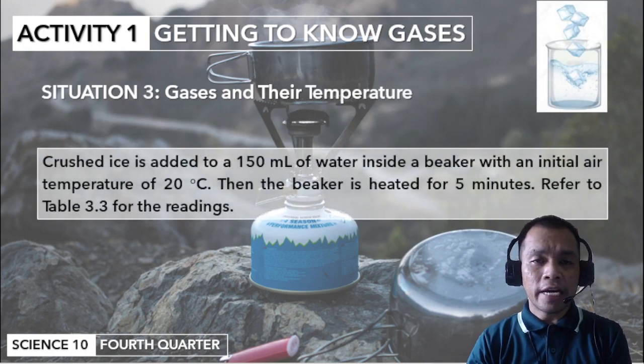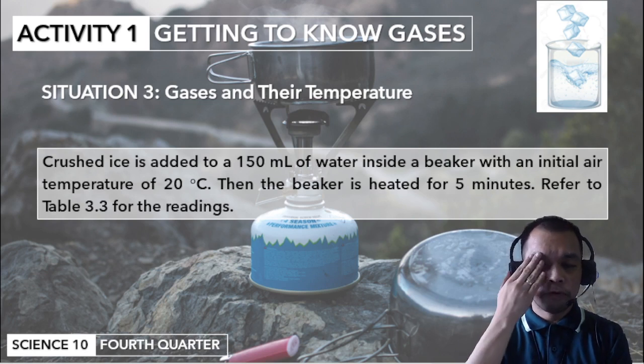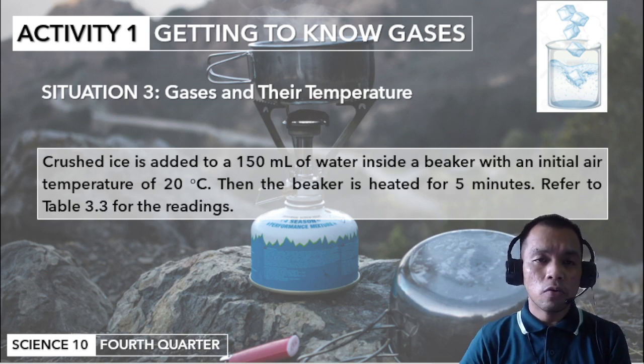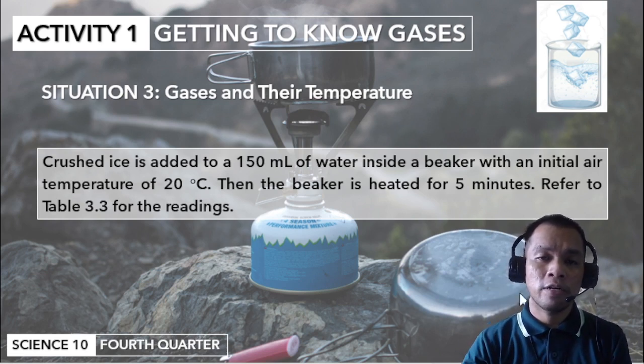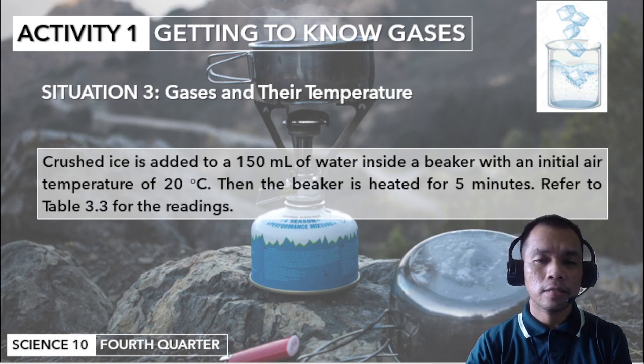Crushed ice is added to 150 ml of water inside a beaker with an initial air temperature of 20 degrees Celsius. Then the beaker is heated for 5 minutes. Refer to table 3.3 for the readings. Once again, I will be giving you 2 minutes to observe the data. Okay, your 2 minutes starts now.